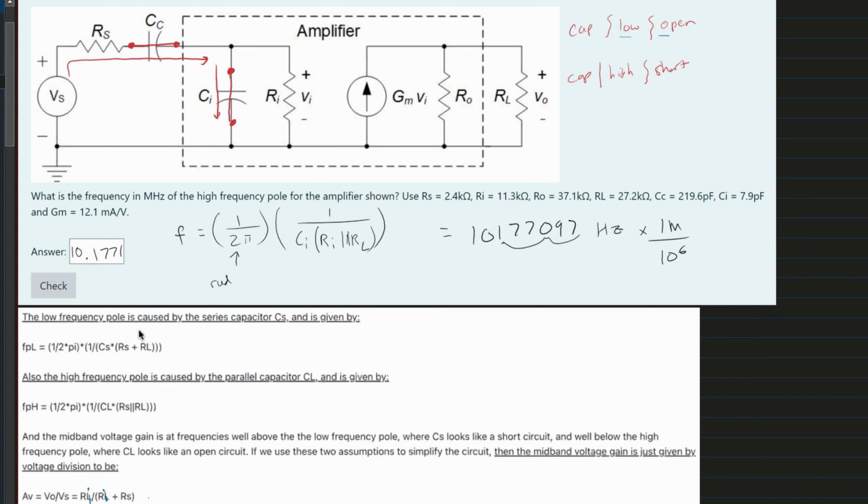This is being multiplied by the current flowing through here, so we are going to have our GM times our VI. Then we have our resistors in parallel right here that give us the output voltage. So we just have the resistors in parallel formula, RO in parallel with our RL, and then we would just plug in our values, and that will give us the answer for the midband. But that is the answer for this problem and how we would look at different scenarios for it.